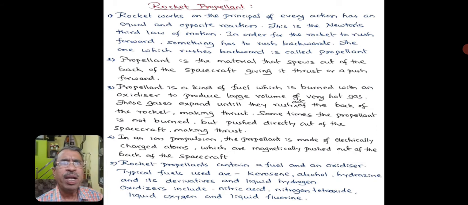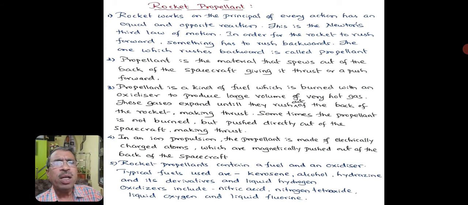Sometimes the propellant is not burned but pushed directly out of the spacecraft, making thrust. Thrust is a force that makes the gas come out and moves the rocket in the forward direction.